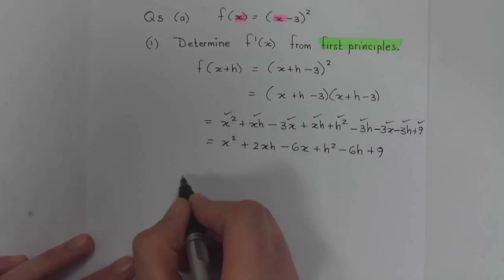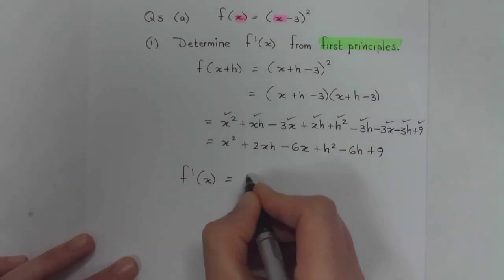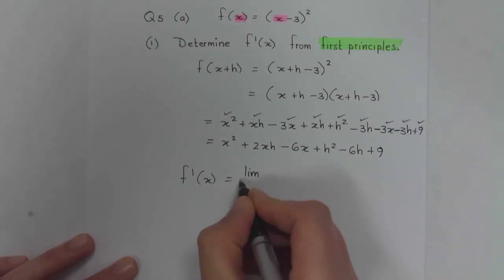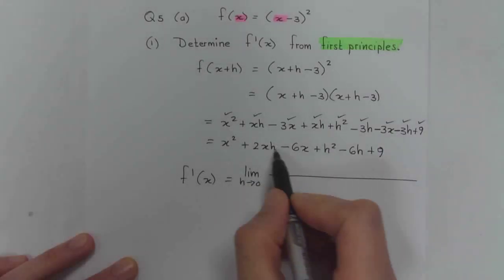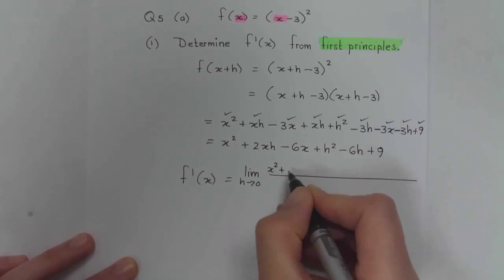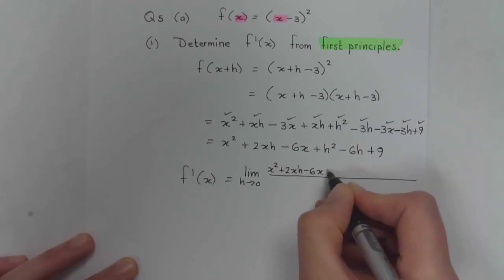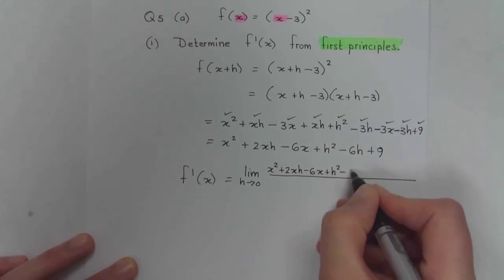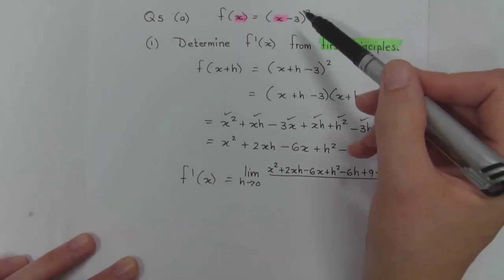Now I'm going to substitute it into the formula, saying the first derivative of f is equal to the limit of h tending towards 0 of all of that, which is the f of x plus h, minus that.